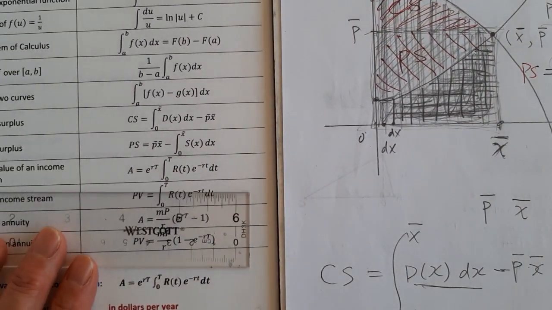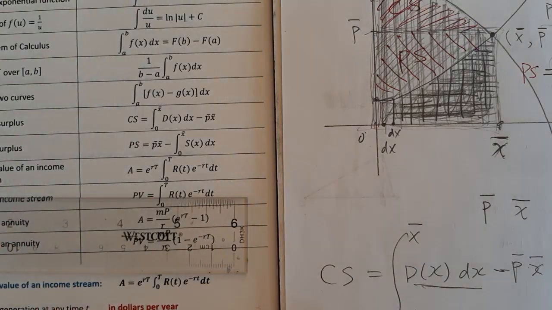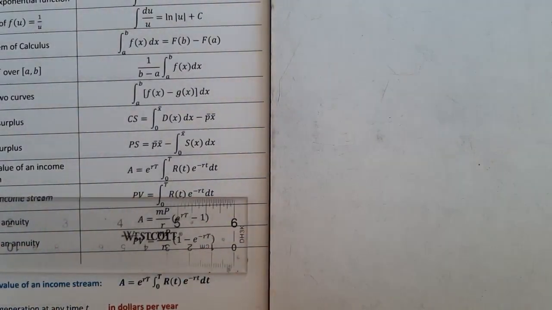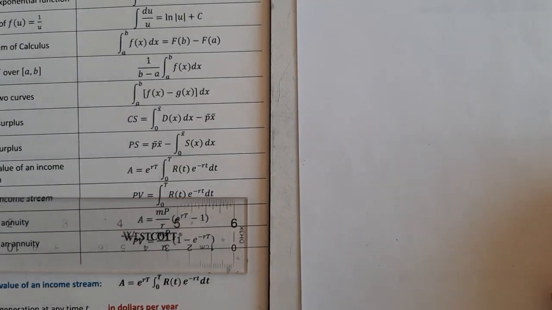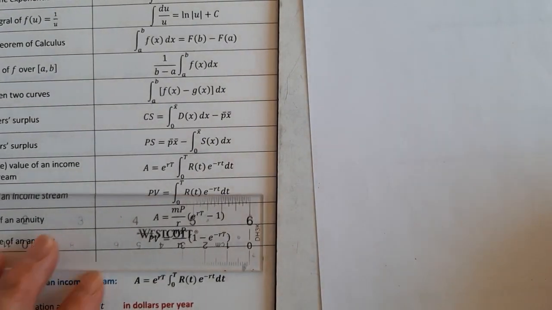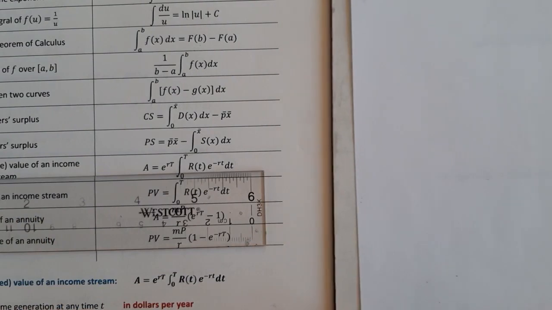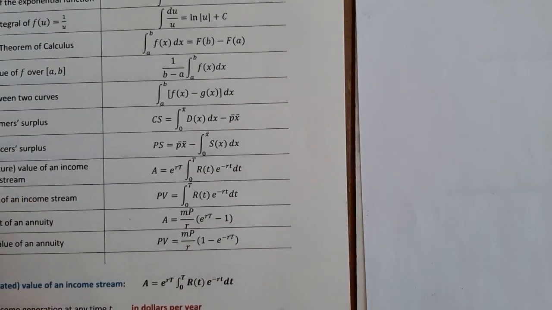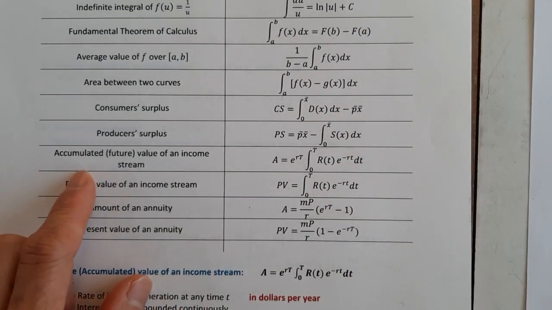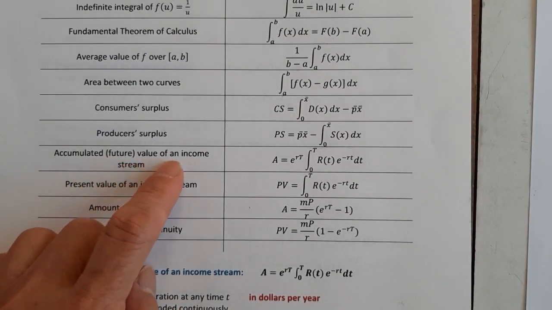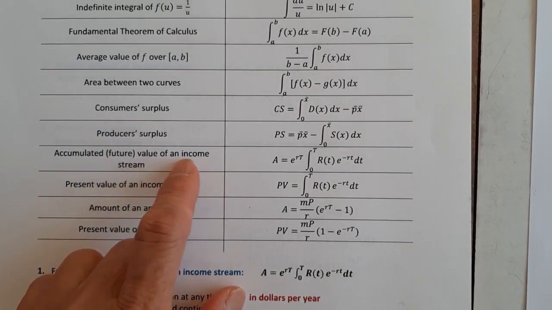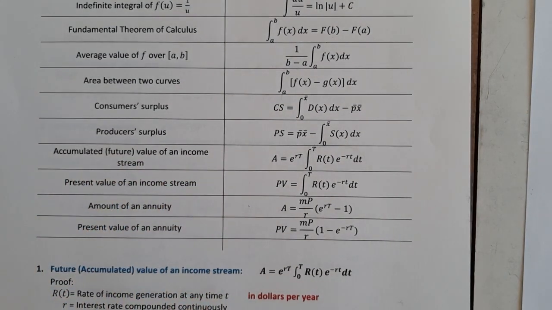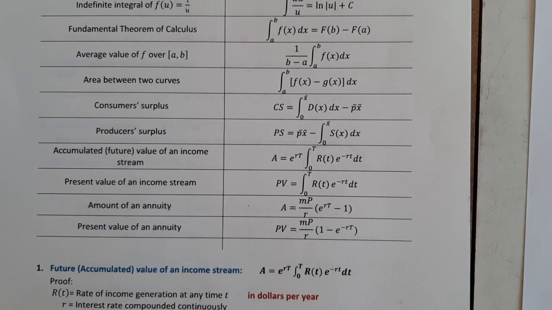Then the next formula is the accumulated future value of an income stream. Accumulated is also called the future value of an income stream. Income stream means constantly having an income.